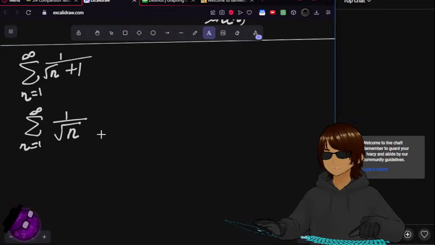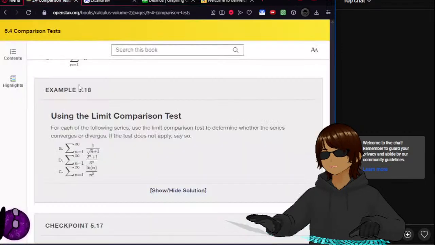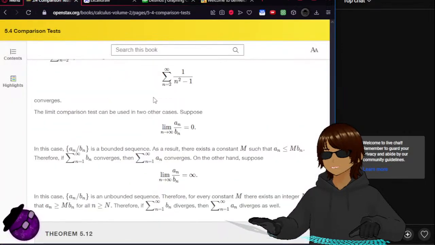I have no clue. No, because p is a half. But for the p test, p is an integer, right?